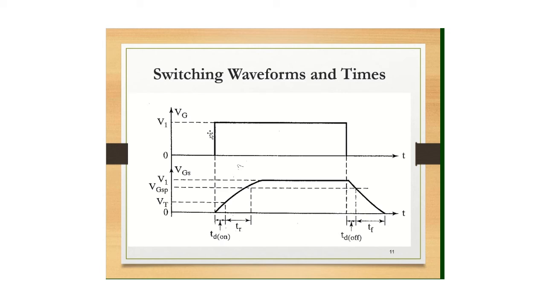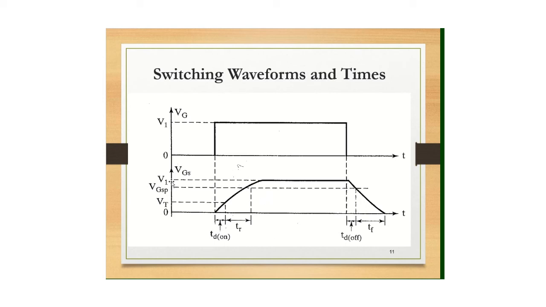Here, if you observe from this waveform, this VG is nothing but the voltage you're applying across the gate terminal. Based on the VGS, the voltage across gate and source, you decide how the device is working.